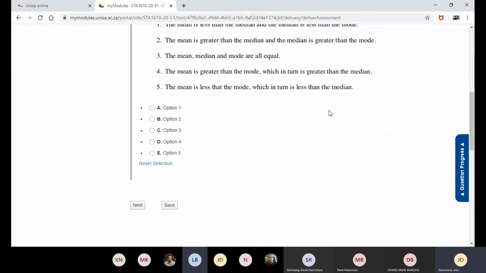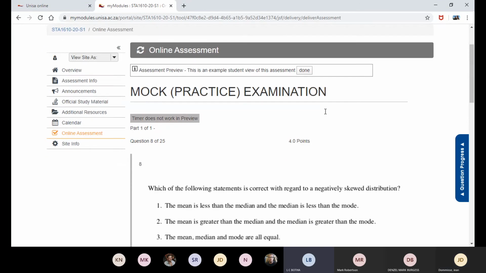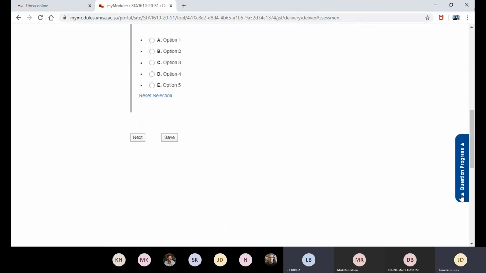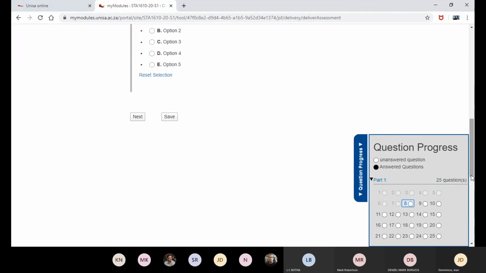What happens if you click on the question progress on the right hand side? Can't you just skip to the last question? The blue block on the right hand side. That is quite interesting.